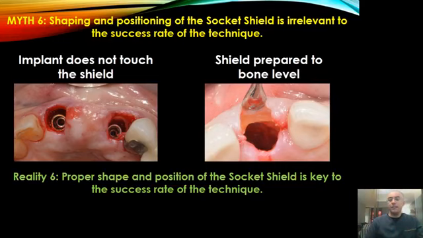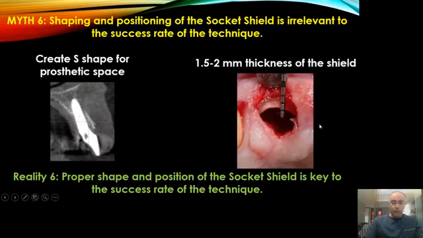So the consensus is to put the shield at the bone level, trying to preserve the bone itself by PDL preservation, and we will support the soft tissue with our provisional custom healing abutment or crown, exactly like we do in immediate implants.